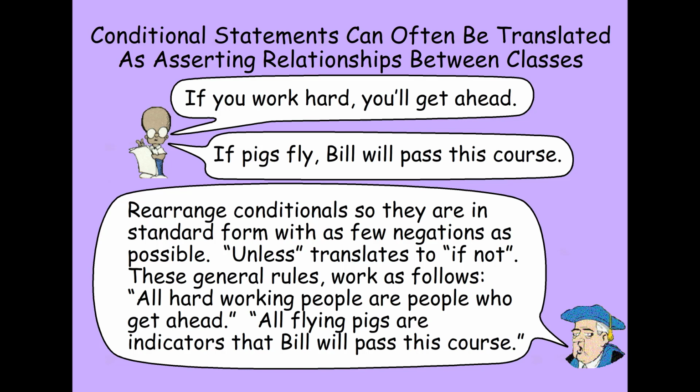So I'll end up with all hardworking people are people who get ahead. All flying pigs are indicators that Bill will pass this course. So again, these interpretations are a little forced, but if it's important that we translate it into categorical logic, they work.